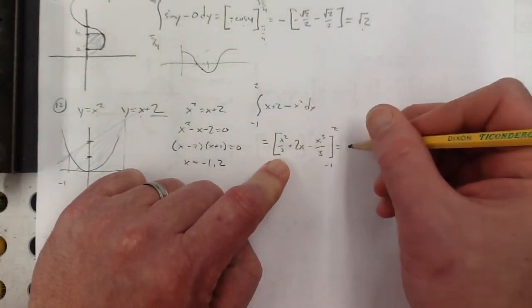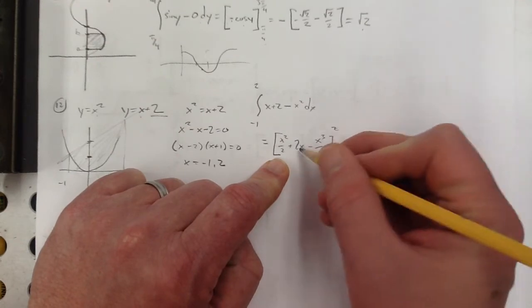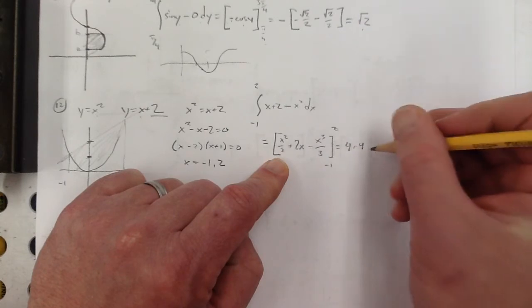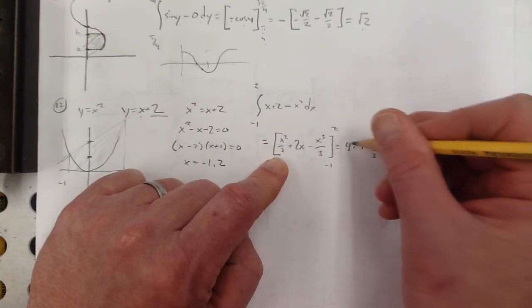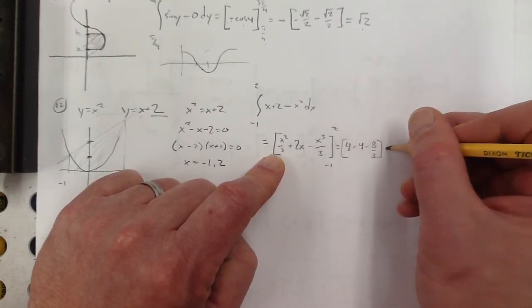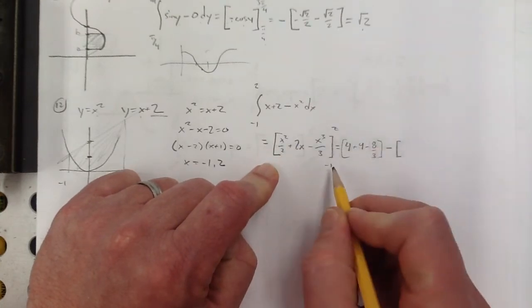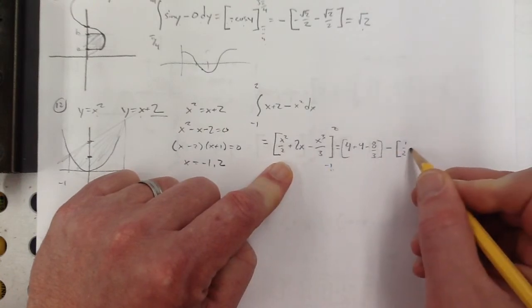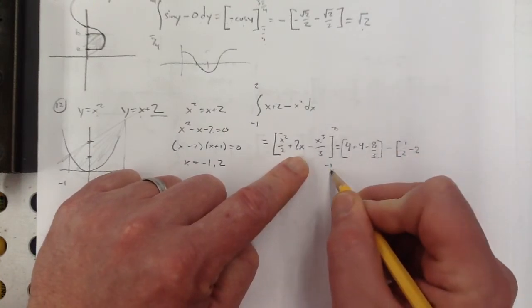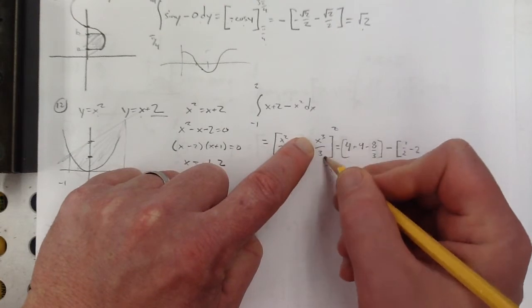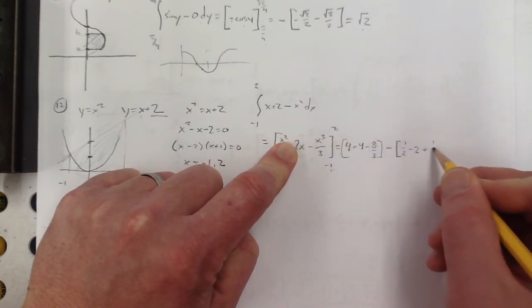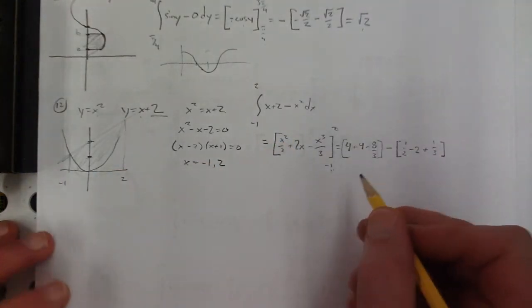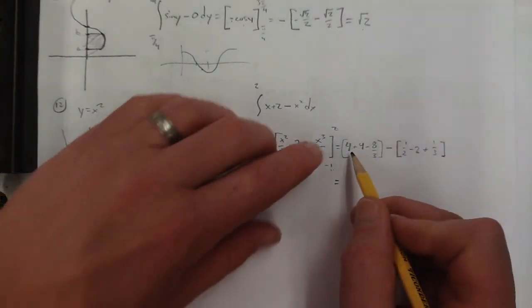Plugging 2 in here gives me 2. Plugging 2 in here gives me 4. Plugging 2 in here gives me 8/3. Minus. Plugging -1 in here gives me 1/2. Plugging -1 in here gives me -2. Plugging -1 in here gives me, that's -1, so it would be plus 1/3. Right? So I got 4 plus 4.